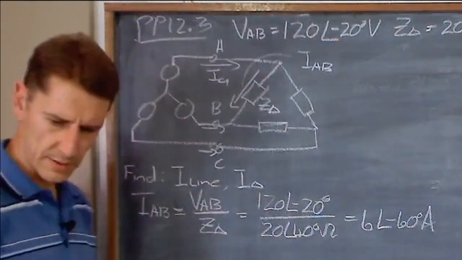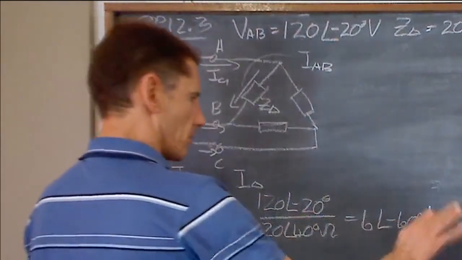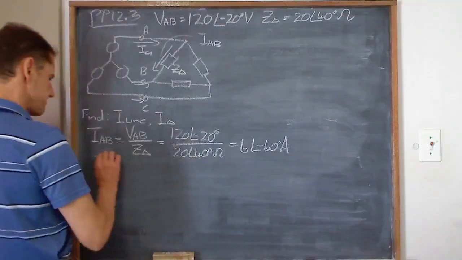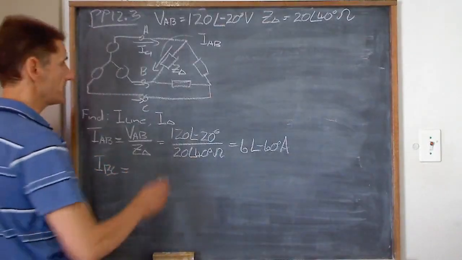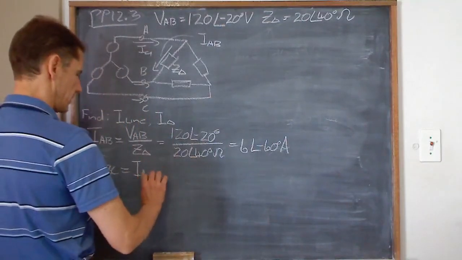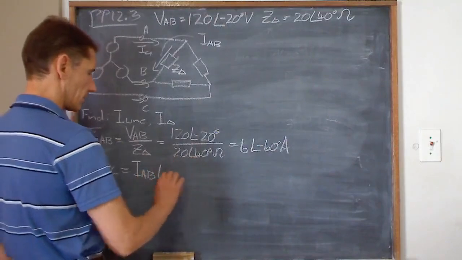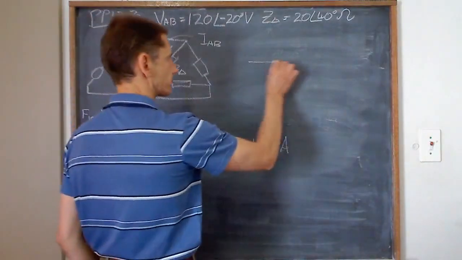Right, 120 divided by the 20, and let me just check that I'm still fine. Yes, minus 60 degrees. Knowing that, we can then get IBC. Do we add or subtract 120 degrees to go from AB to BC? How do I know?